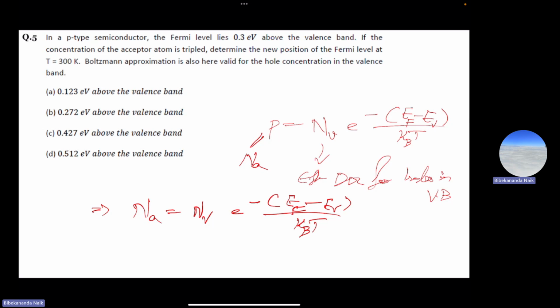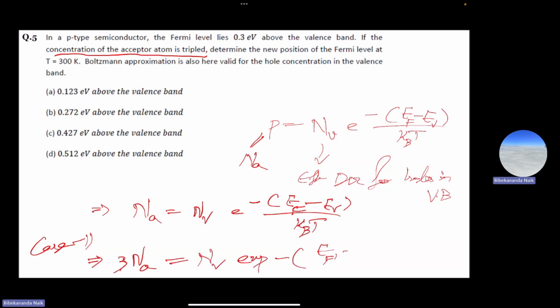So similarly for case 2, where it is tripled, Na equals Nv exponential minus (Ef prime minus Ev) by kBT.